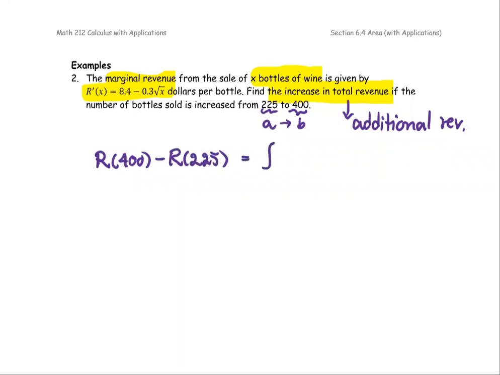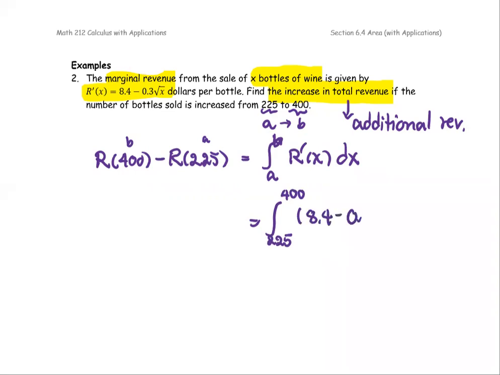Or find the definite integral from point A to point B of the marginal revenue with respect to x. In this case, A is 225 and B is 400. So from the lower limit 225 to the upper limit 400, the integral of 8.4 minus 0.3 times square root x with respect to x.